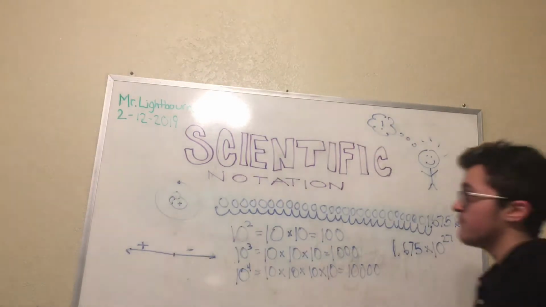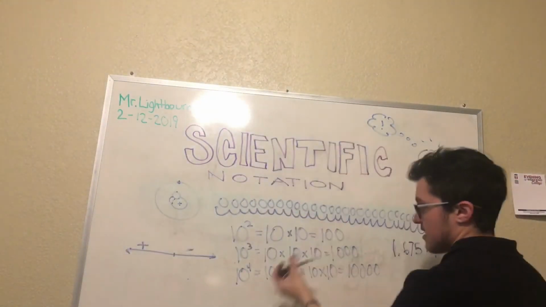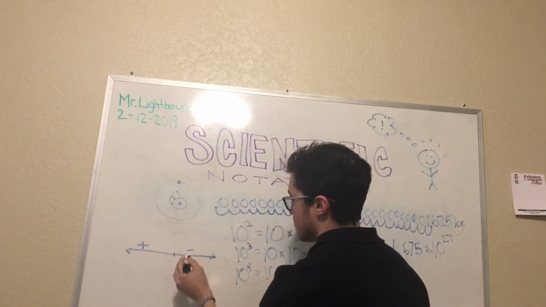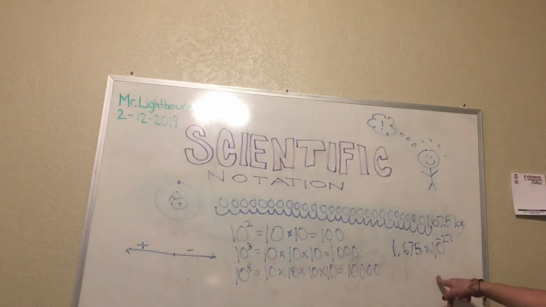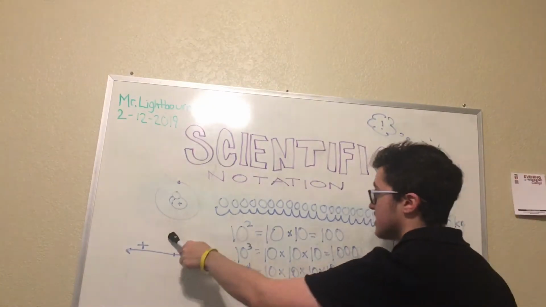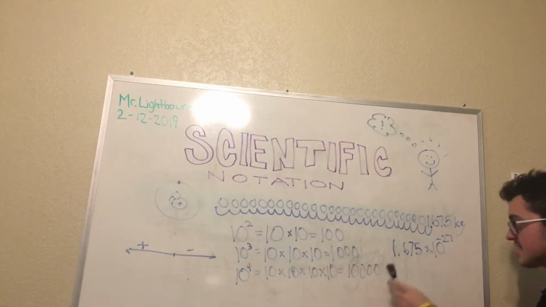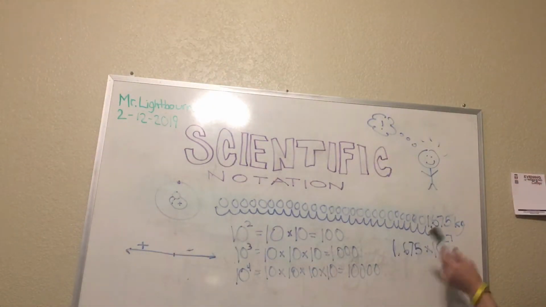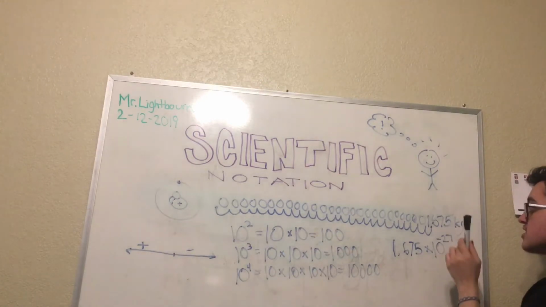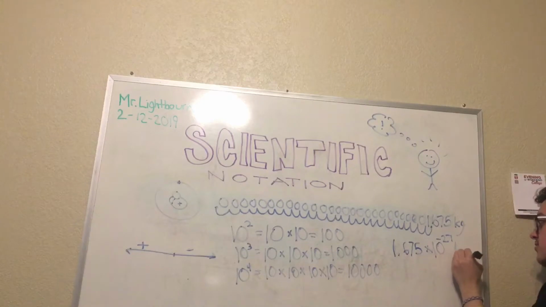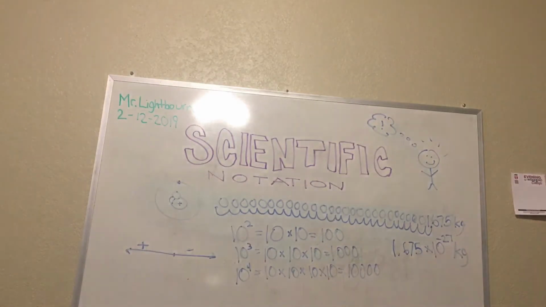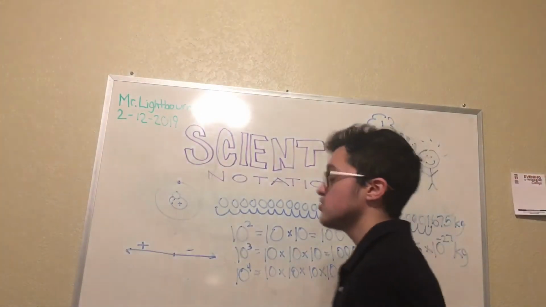But remember, if we're moving the decimal this way, the superscript will be negative. Therefore, the size of a proton is, everyone let's say it, 1.675 times 10 to the negative 27th power in kilograms. Alright. Do you have any questions so far?